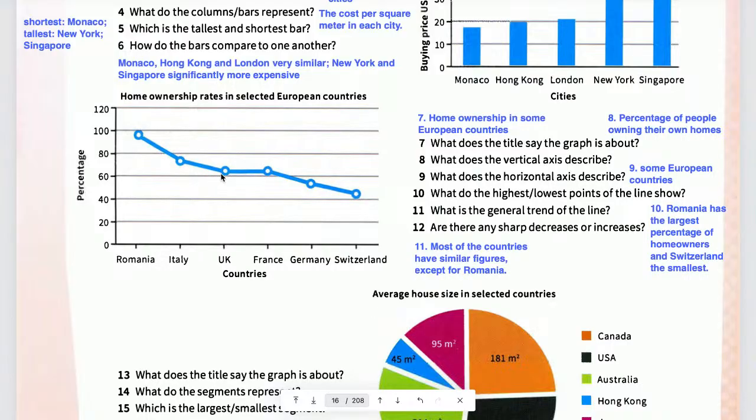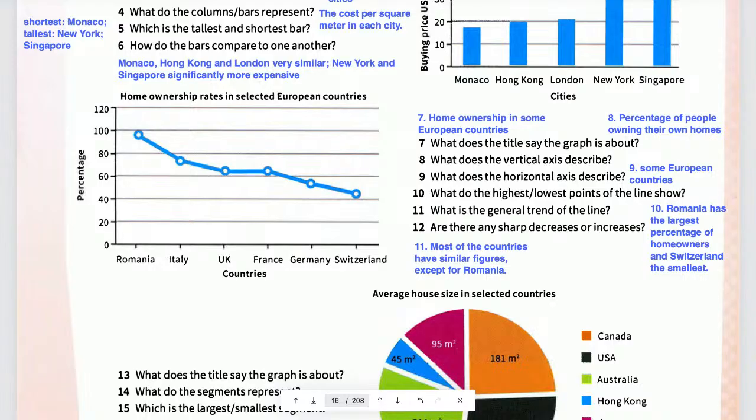And Italy and UK, you see that it's kind of going down, and also compared with Switzerland, it creates kind of a big gap there. Okay. So we just look at that. They just say that, and then we can make a conclusion that Romania has a much higher percentage of homeowners than the other countries. Okay.